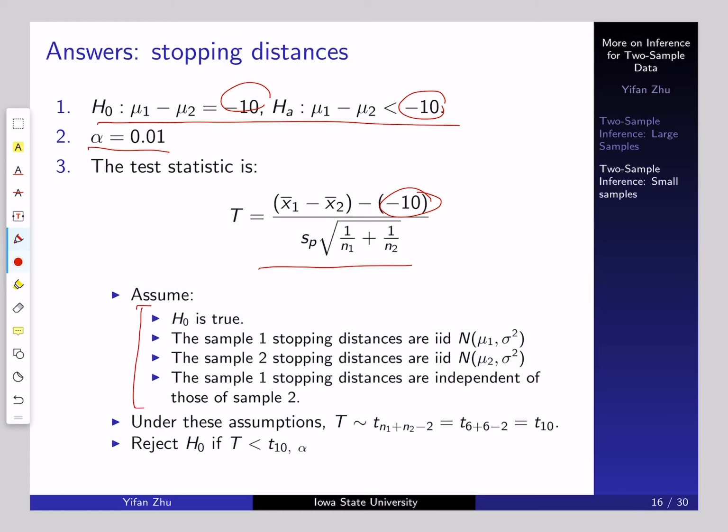And with the same assumptions, under these assumptions, the test statistic would be normally distributed, and n1 plus n2 minus 2 is 10. So this reference distribution is the t distribution with degrees of freedom 10.